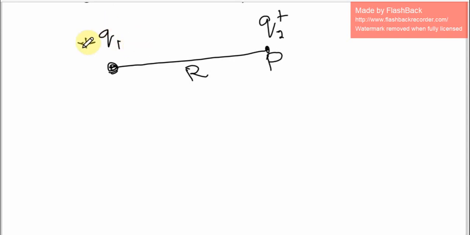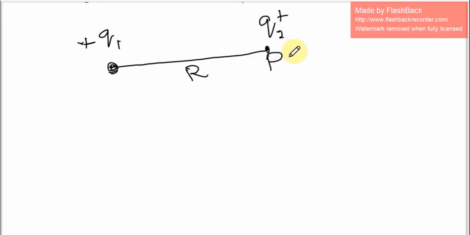But now what happens if I come from very far away? Think of it as infinity, and we bring this charge Q2 from infinity to this point P. I have to do work.